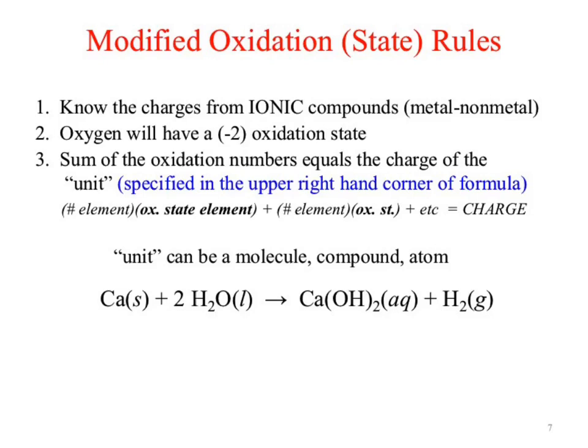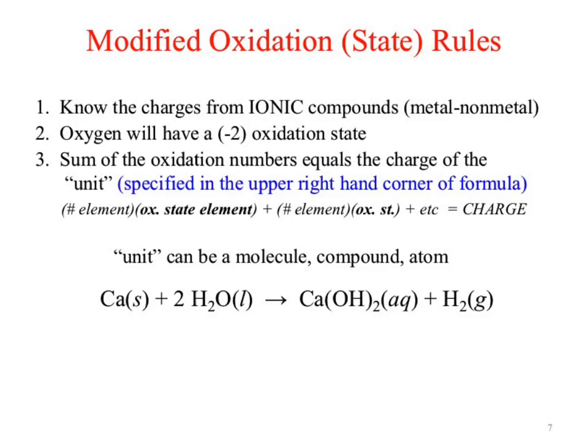When it's bonded to fluorine. Why fluorine? Fluorine is the most electronegative. If I put oxygen next to fluorine, what happens? Fluorine steals the electrons from oxygen. Oxygen is no longer stealing electrons. The other exception, a little bit harder, but the same general idea.